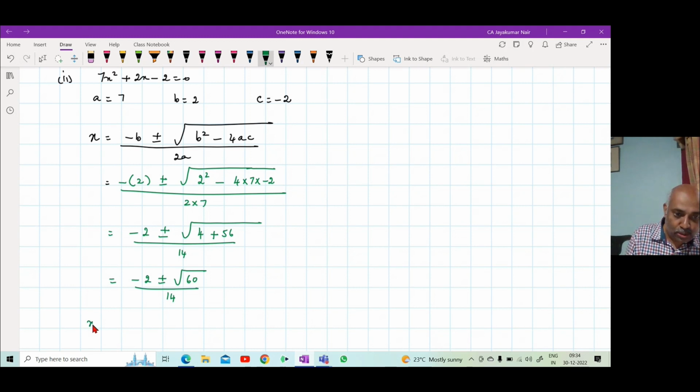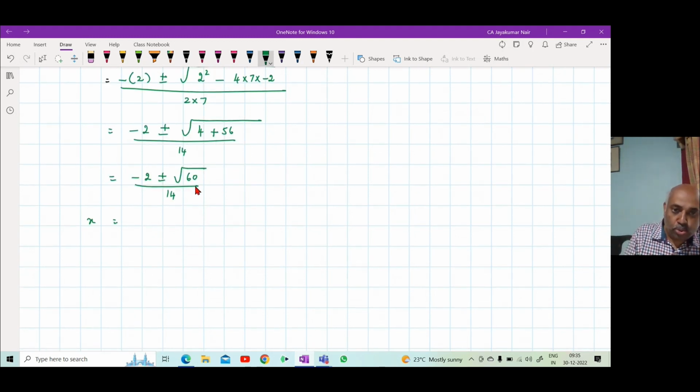So x is equal to, what is root of 60? You can find out by using the square root table which is given at the end of your textbook. So minus 2 plus or minus root of 60, which is 7.746, whole divided by 14.